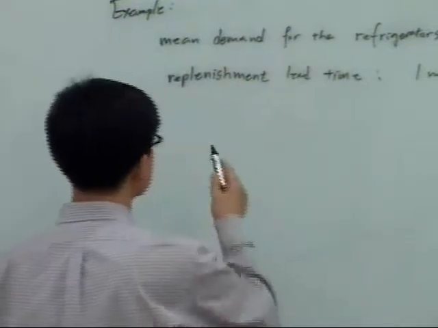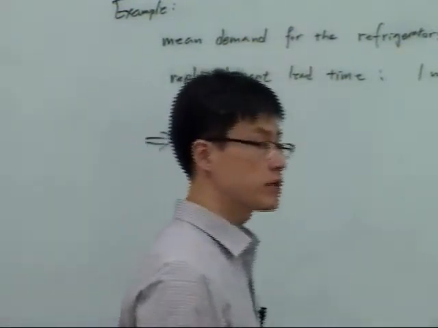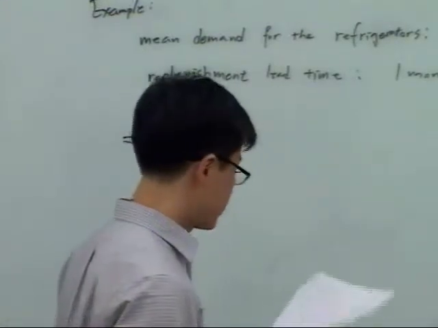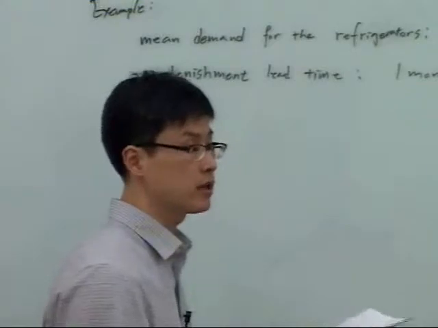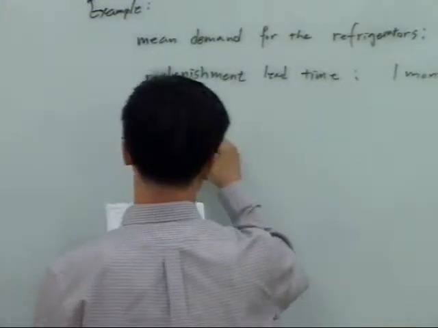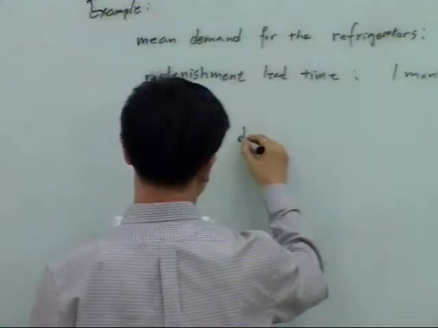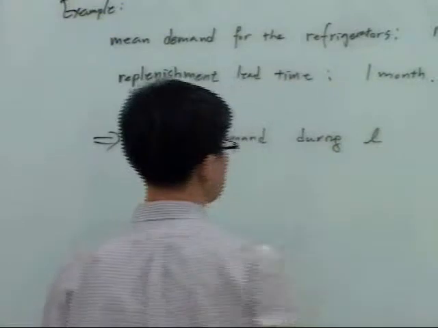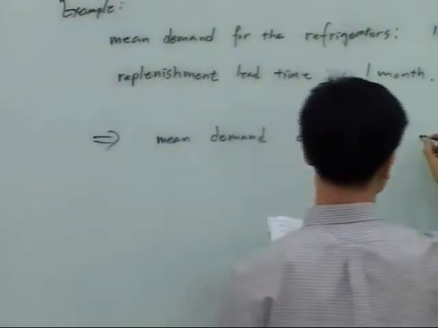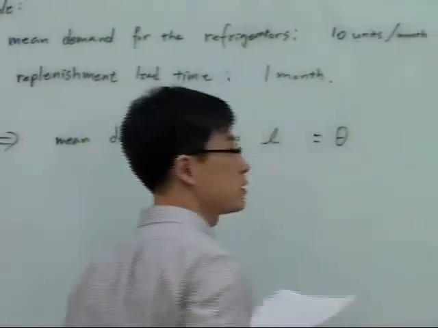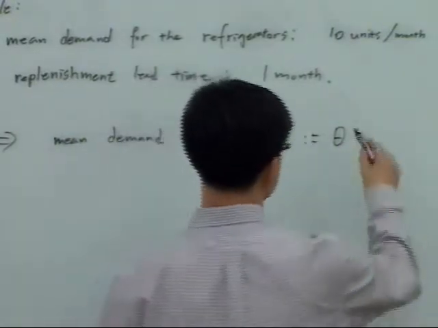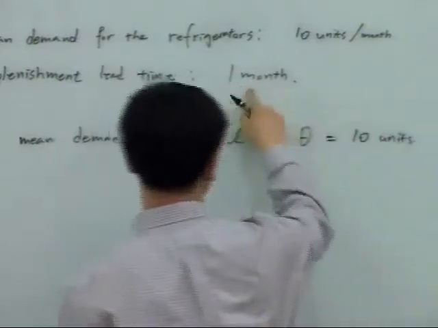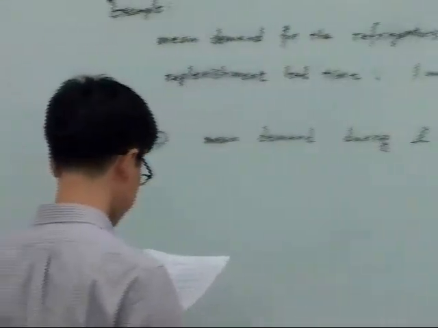From here we can easily deduce that the mean demand during the lead time is defined as theta, which is 10, right? 10 units per month, and L is 1 month.